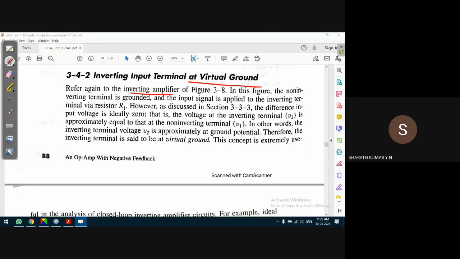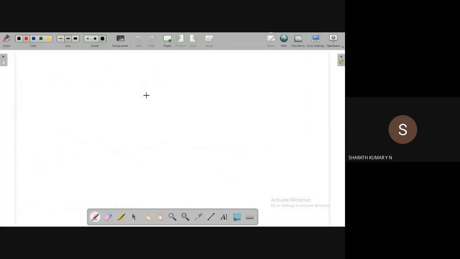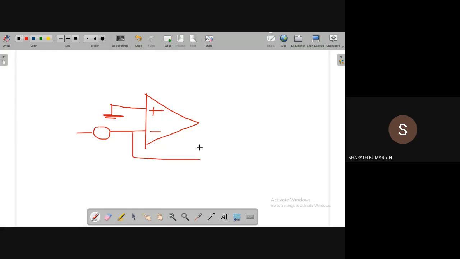So in an inverting amplifier, this is the non-inverting input, and this is the inverting input. The non-inverting input is grounded for an inverting amplifier. The input is given to the inverting input, and feedback is also given to the inverting input.